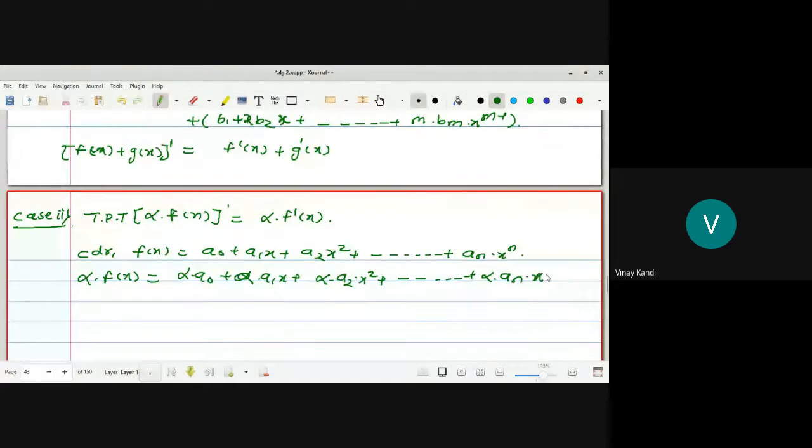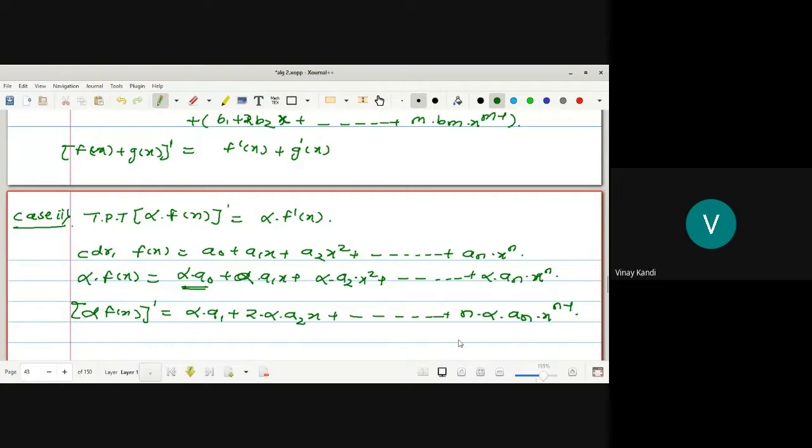Now take the derivative of this one, following the definition of the derivative of a polynomial. The derivative of the constant term is 0. This is alpha a1 plus 2 alpha a2 x plus up to so on n alpha an x raised to n minus 1.